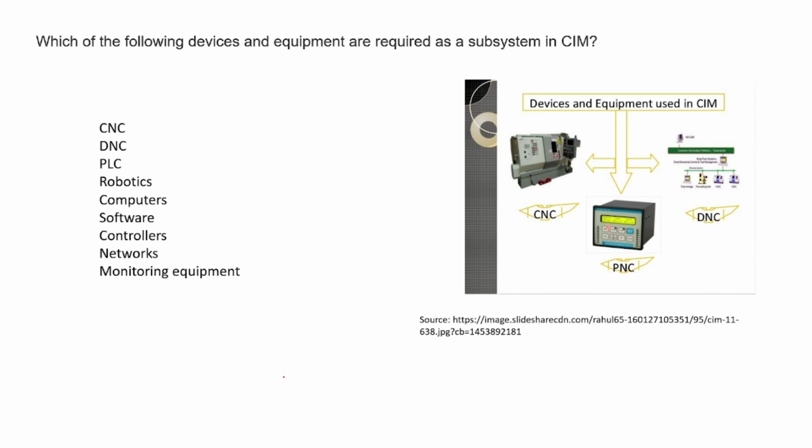The subsystems in computer integrated manufacturing: one is computer aided techniques. Mainly the equipment required as subsystems are CNC, computer numeric control, DNC, direct numerical control machine tools, programmable logic controllers PLC, robotics, computer software, controllers, networks, interfacing, and monitoring equipment.